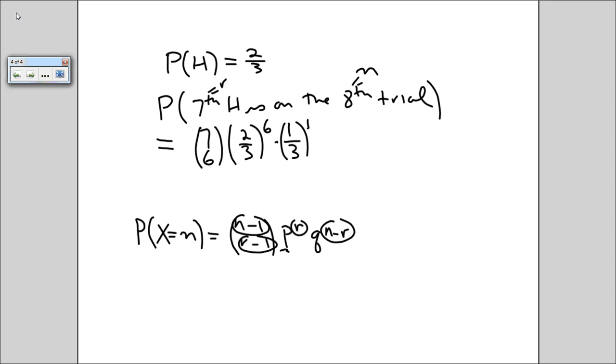Now, it turns out that 7 choose 6 is 7. So, you have 2 to the 6th divided by 3 to the 6th divided by another 3. 3 to the 7th. And I get 0.1366. No promises on the calculations I do at my calculator. But there it is.